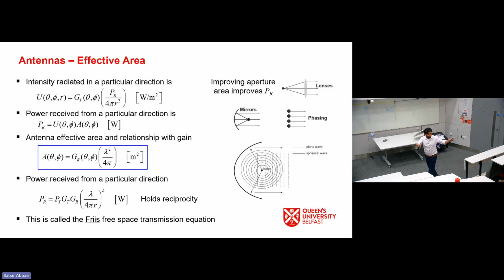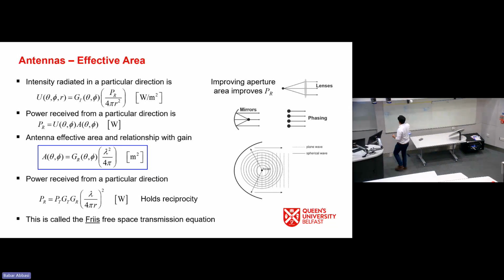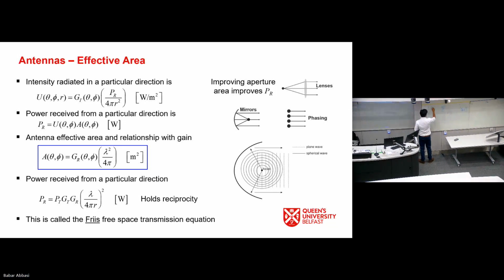Tell me you know this. Thank you. So P is equal to VI. So the voltage source that I have, and how much current the system is drawing, will define my P. And if I have a good, nice system, then all of this energy will be translated into the antenna radiating. So PT is important.